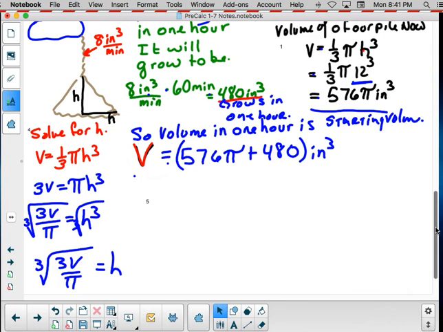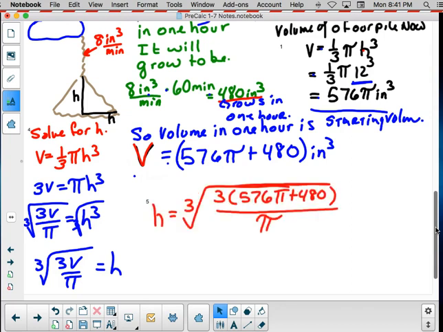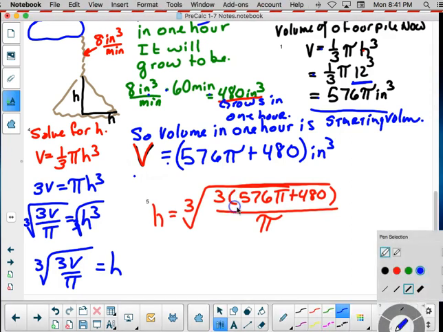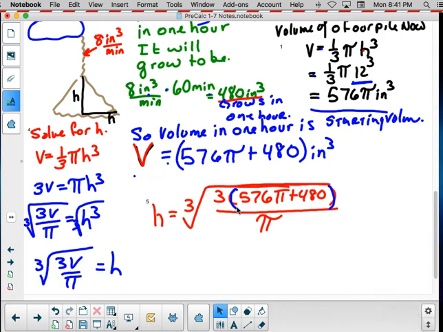So that's my V. Now I have a relationship that relates my volume: h is equal to the cubic root of 3 times V. Now remember, this is my volume in inches cubed. I just put this in my calculator, and I can tell that my height is now 12.97 inches.